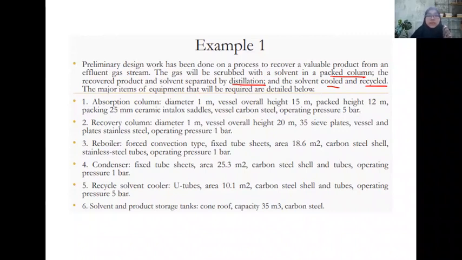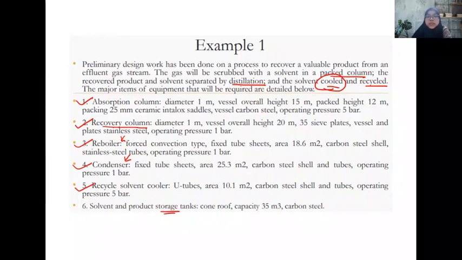Basically, from the process description, it gives us the major equipment required in the process, such as absorption column, recovery column, reboiler, condenser, because we have the column. So eventually we're going to have the reboiler and condenser, and also the cooler, since it mentioned about the cool process, and also the storage tank to store the product.